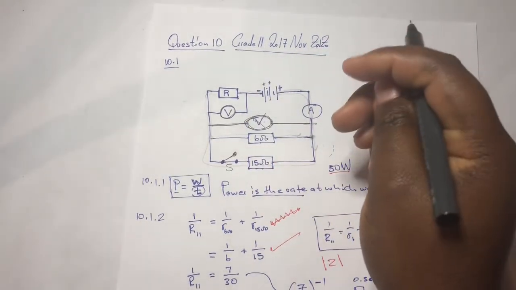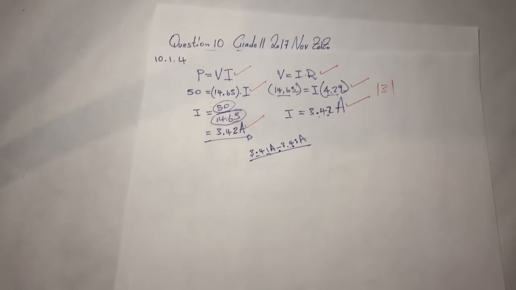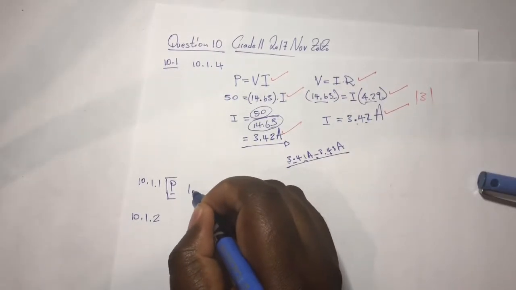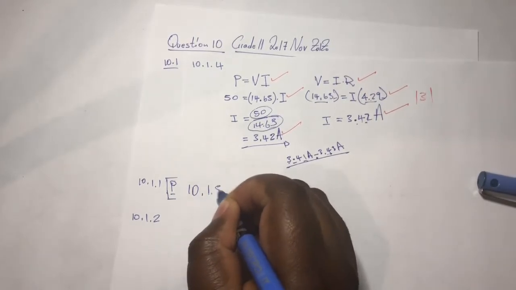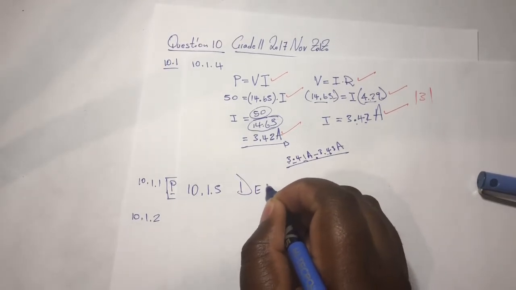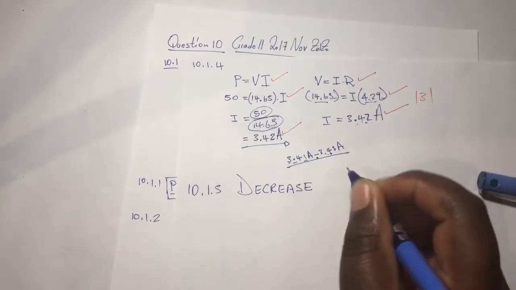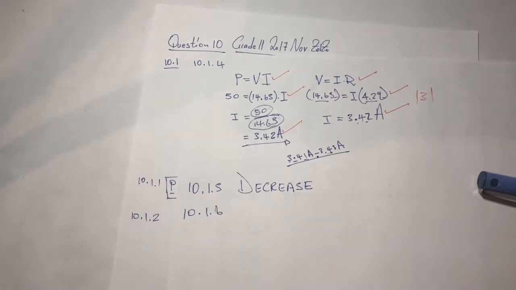So in answering question 10.1.5, you just choose from increase, decrease, or remain the same.